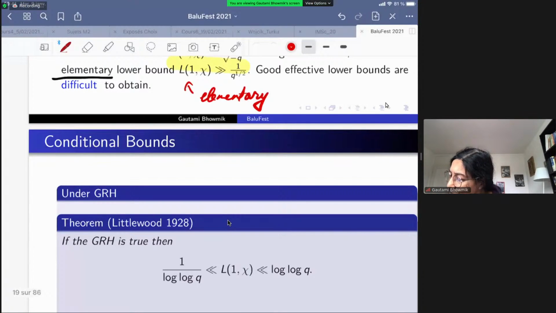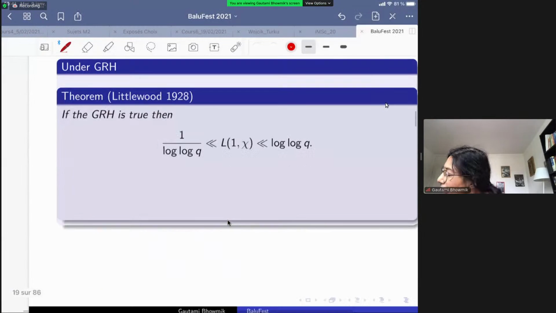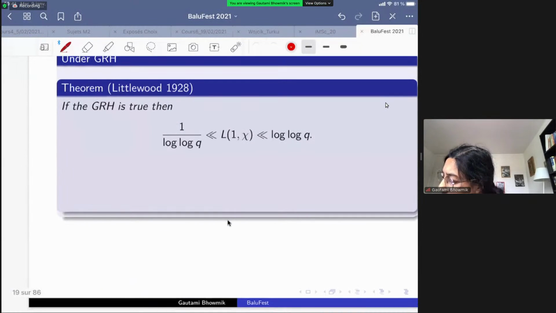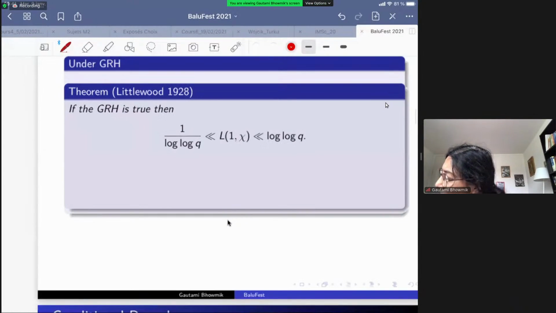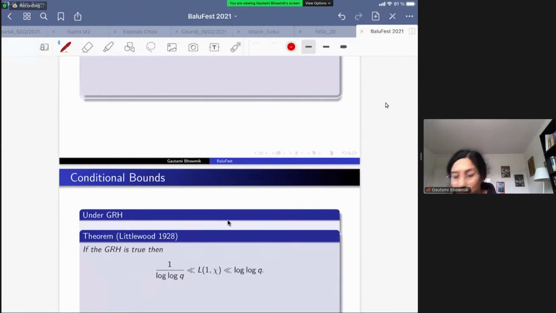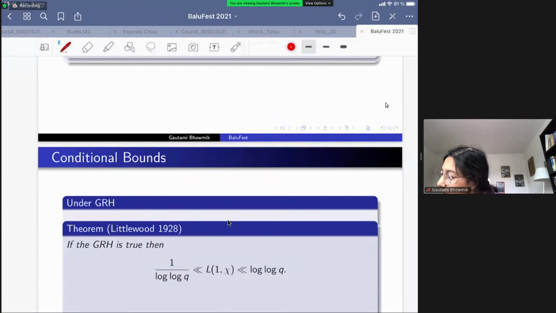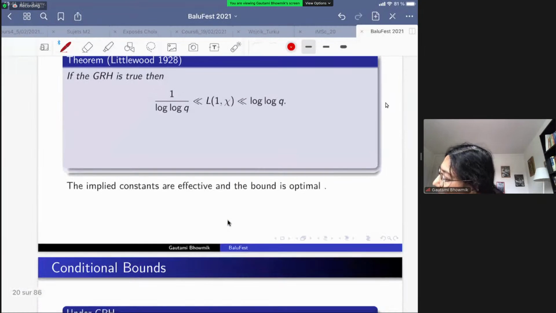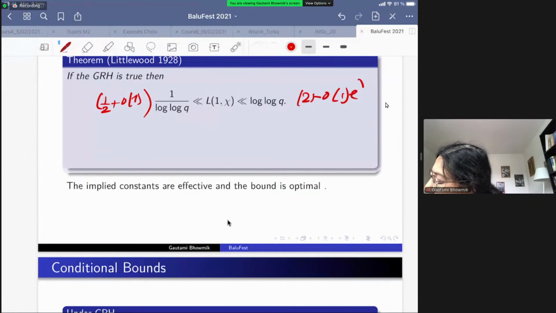Littlewood actually gave the constants here. You can get some constants: half of little o of 1 here, and here you can get 2 plus little o of 1, times e to the power γ.